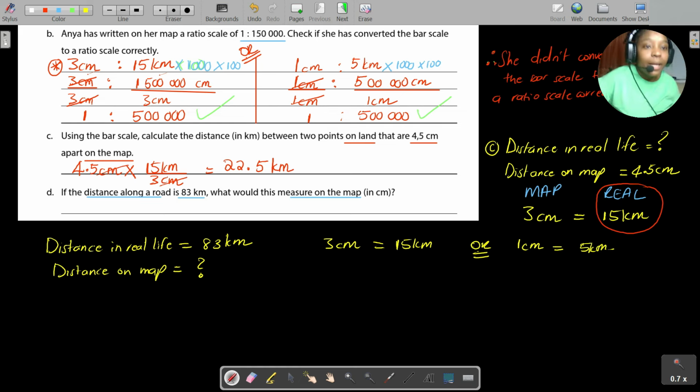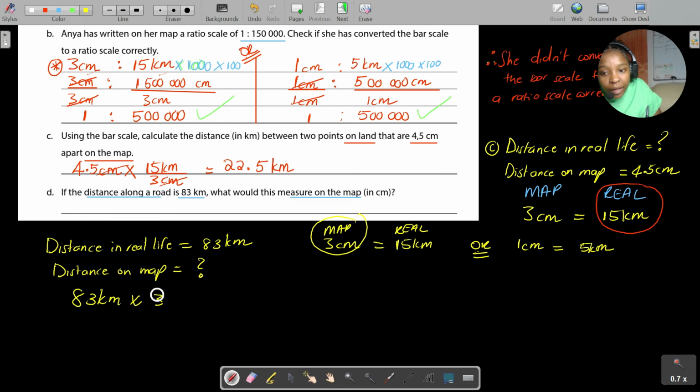So we don't have to panic and say, okay, then what do we need to do? You're going to just take that 83 kilometers multiplied by what it is that we want in this case. Remember, this is the map. This is the real. You multiply by what we want. We want the map, so you multiply by 3 centimeters divided by the other value, 15 kilometers.